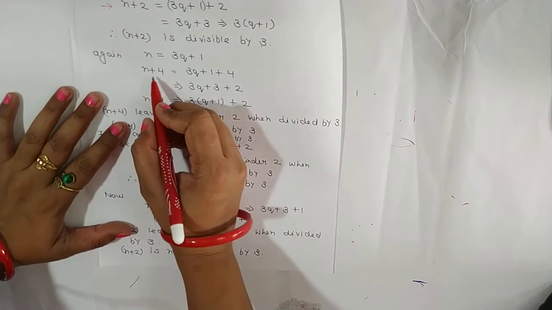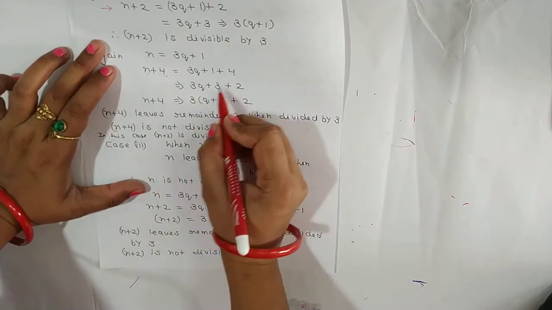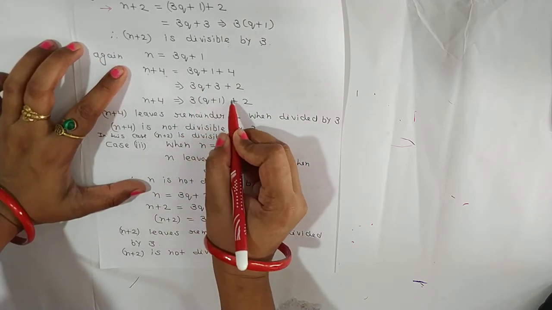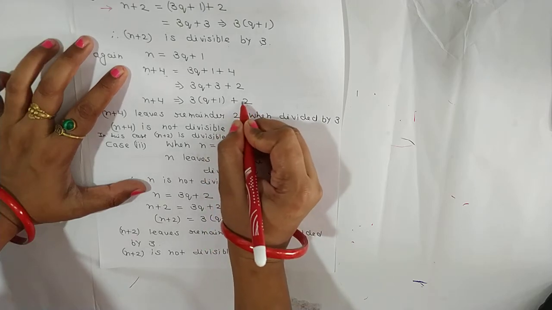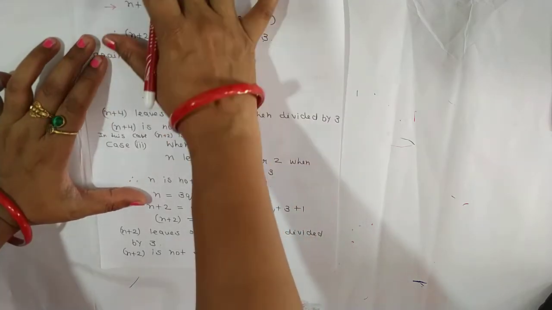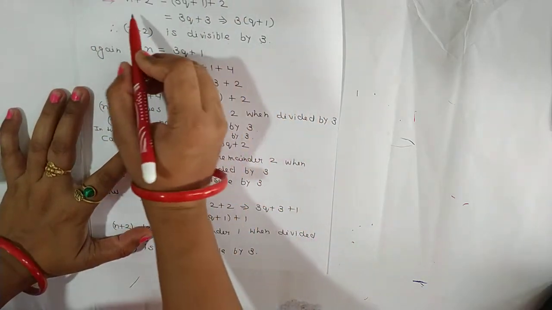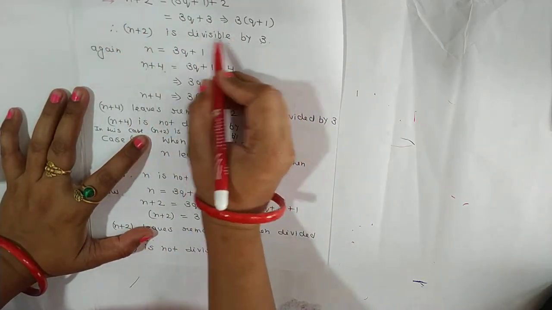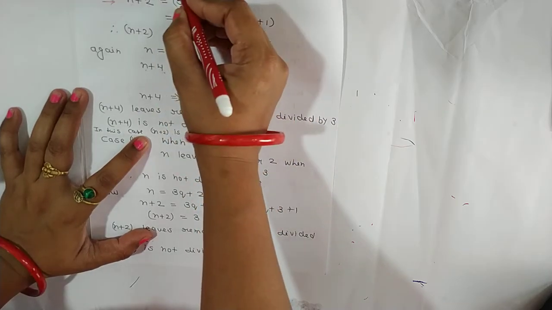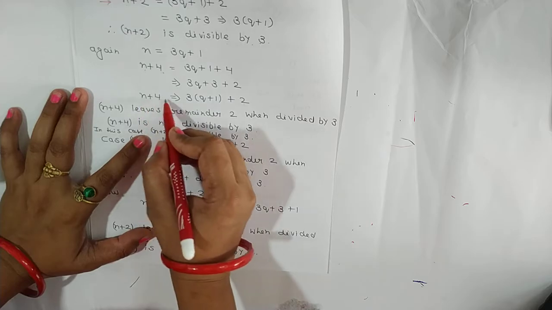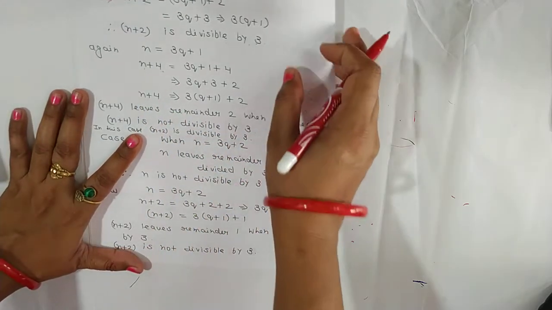Now we will find n plus 4. So n plus 4 is 3(q plus 1) plus 2, so the remainder is 2. So the final result in this case is that only n plus 2 is divisible by 3, but n is not divisible by 3, and n plus 4 is also not divisible by 3.